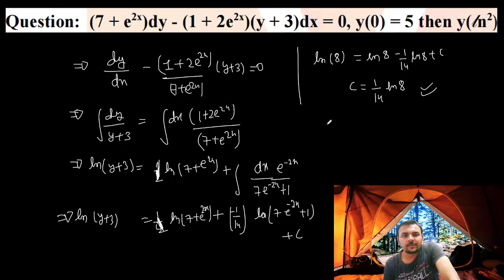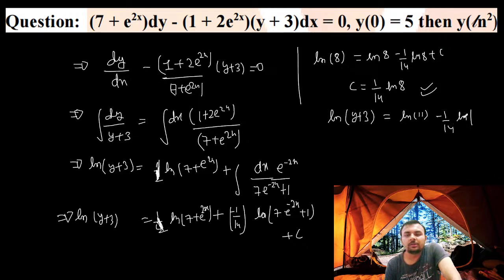So it is ln y plus 3. We are taking ln 2. So ln 2 is nothing but 2 square 4 ln 11 minus 1 by 14 ln 7 by 4 plus 1 11 by 4, and c is nothing but 1 by 14 ln 8.